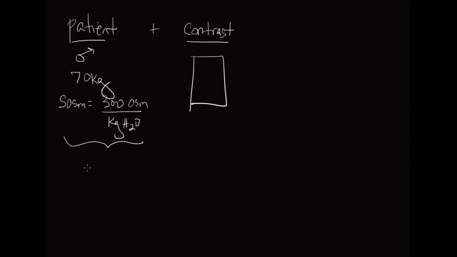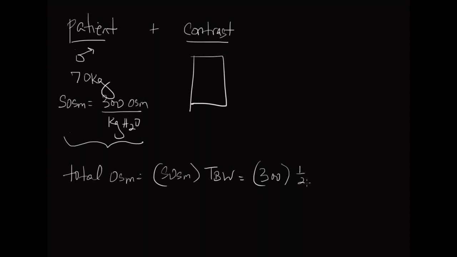So the total osms that this patient has is very simply calculated by the serum osmolarity times the total body water. And in that case, we get 300 times, because it's a man, 50%, so 1/2 of his weight, 70 kilograms. And so we'll get the following number. It's the total number of osms that this patient has.